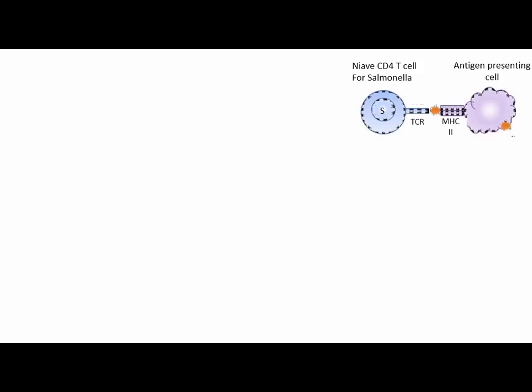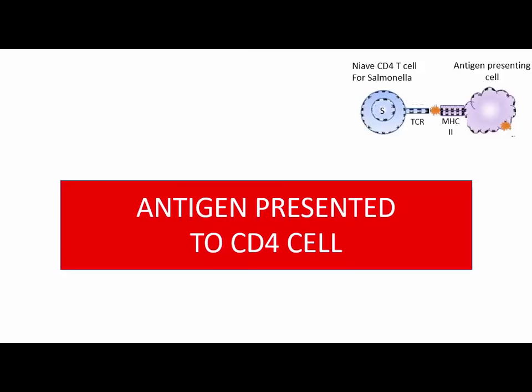So, here we have the dendritic cell has arrived from the site of infection, has broken down the antigen through the exogenous pathway, and presented the antigen to the CD4 T cell that recognizes that pathogen. So MHC2 interacts with the T cell receptor and you get signal 1.